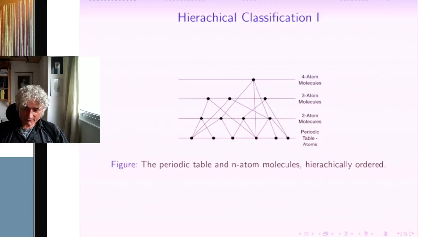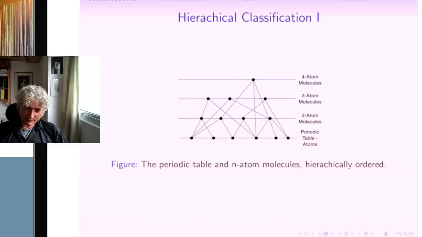And then the first classification would be the classical periodic table of chemistry. In itself, I should mention that I think it is one of the major scientific achievements of humankind. And the periodic table then can be used to build up higher order molecules, as I would call them in this context.